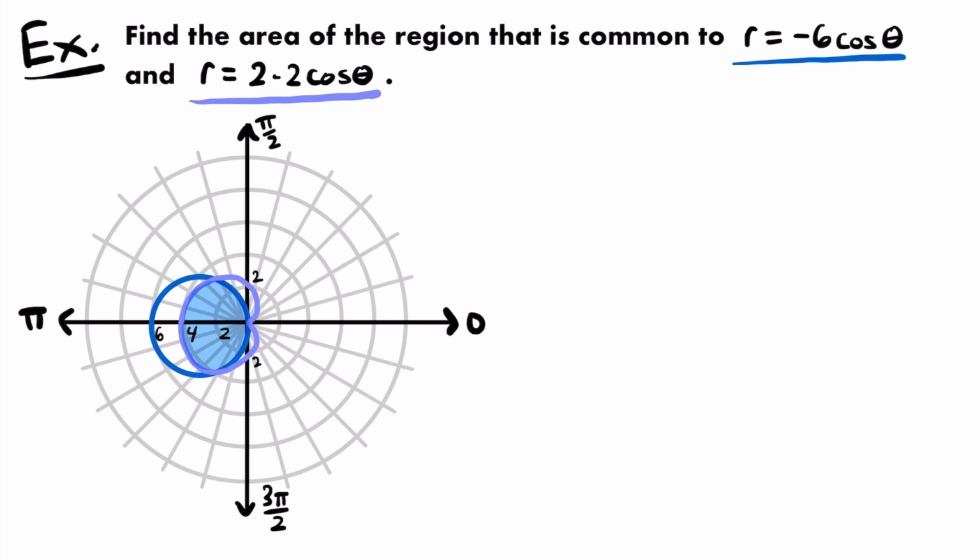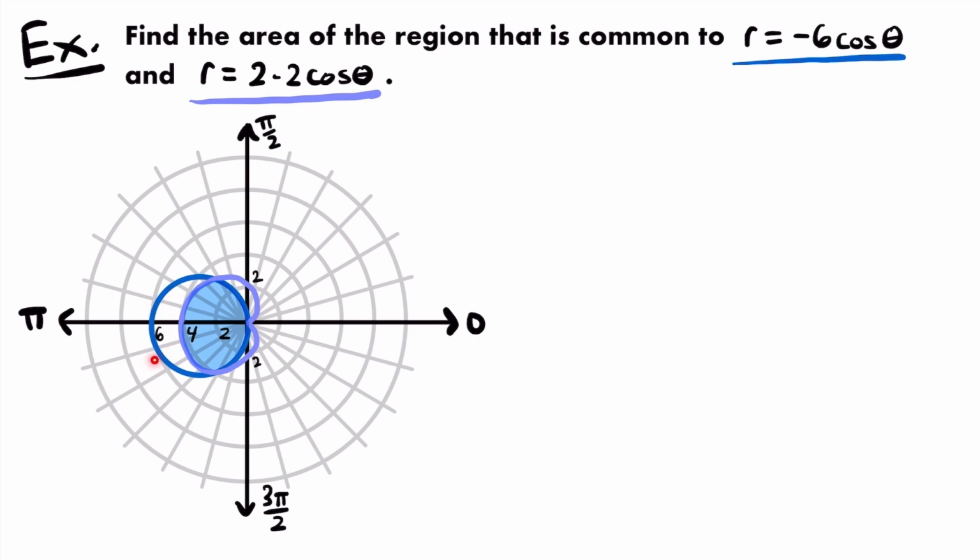It's going to be a little bit different than our previous example, because when you're calculating the area of a region that is common to two polar curves, the process to calculate that area is going to be a little bit different than if that area was between the two curves. And here's what I mean by that. This area on the outside here, this crescent-shaped area that we don't have shaded in, this would be area that is between the two curves, right?